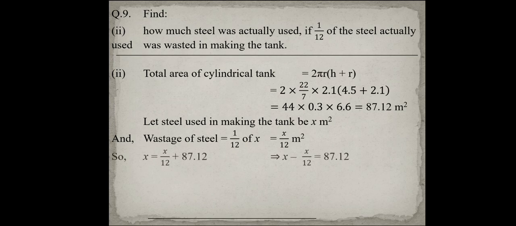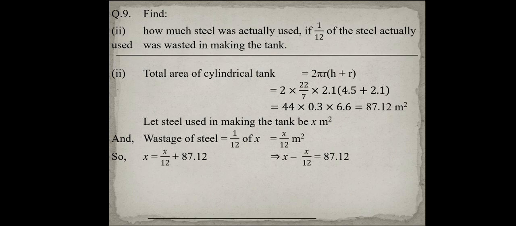So now X, the steel we are using, is equal to X upon 12 plus 87.12, where 87.12 is the area of that tank. It means the total steel we have taken, and the area of the tank is the area of steel.